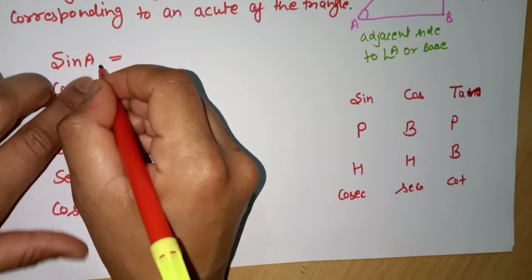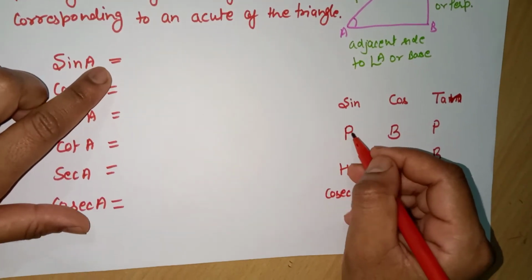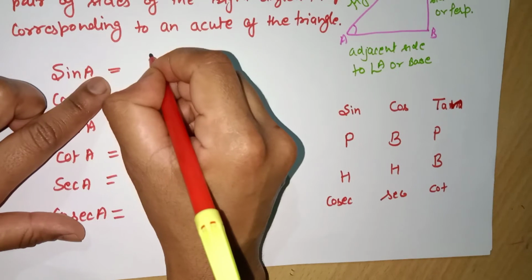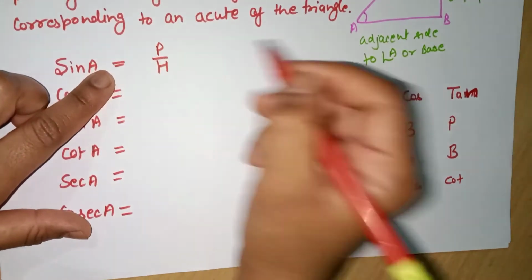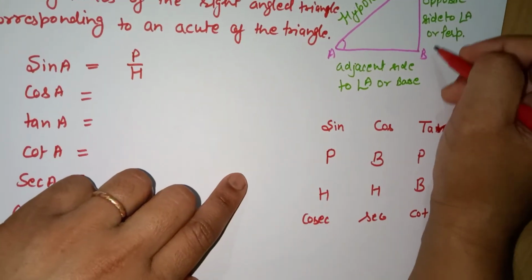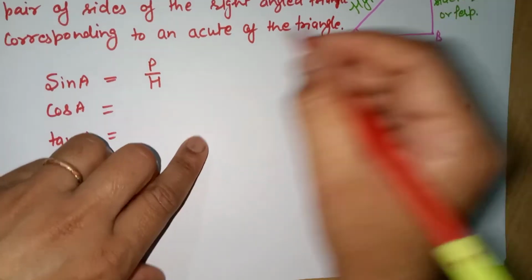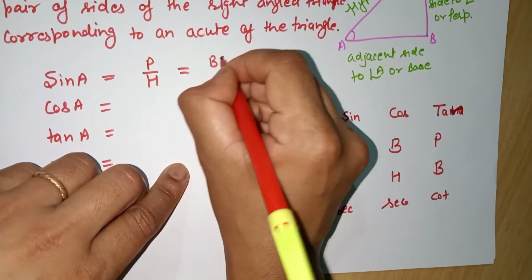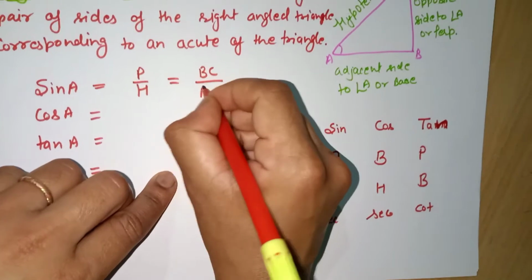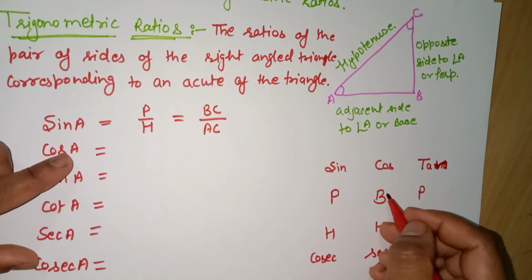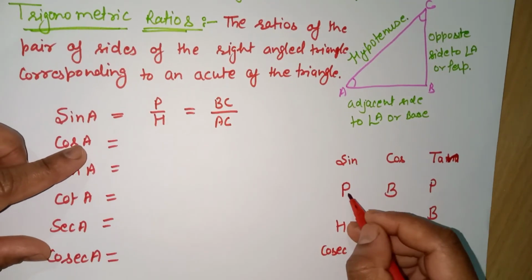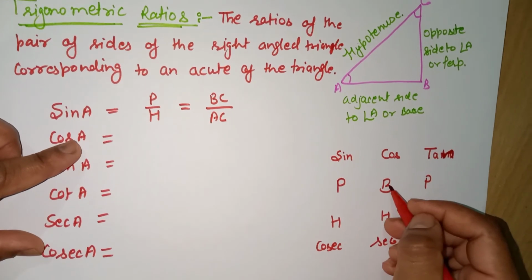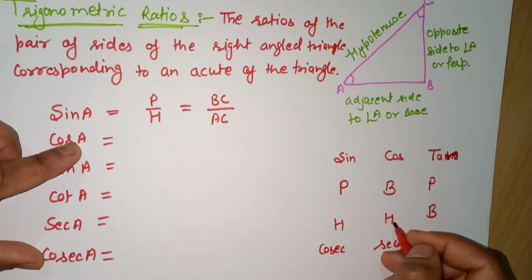So the value of sin A is equal to perpendicular upon hypotenuse. Here which is our perpendicular? Here the perpendicular is BC, meaning BC upon AC. Next is base. Here P is the perpendicular, B is the base, and H is the hypotenuse.